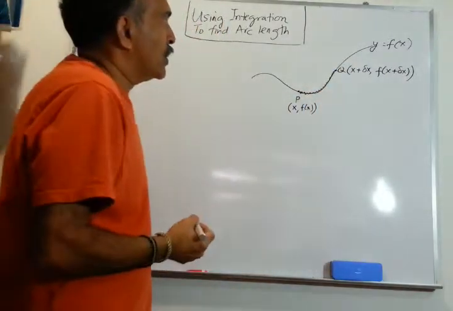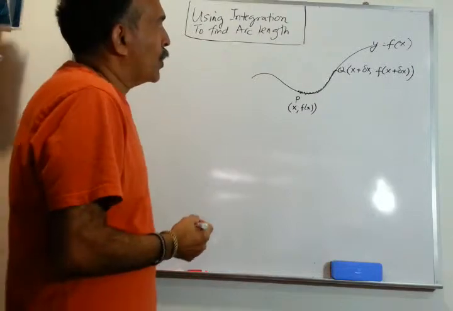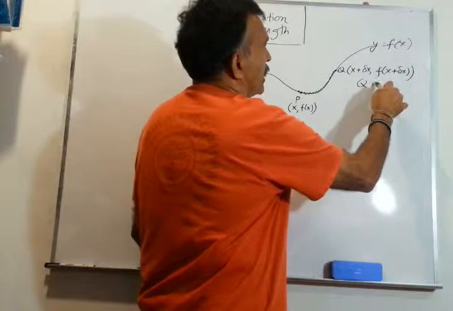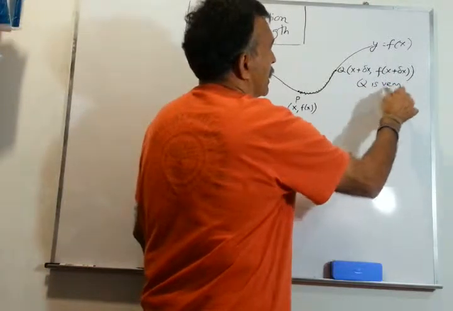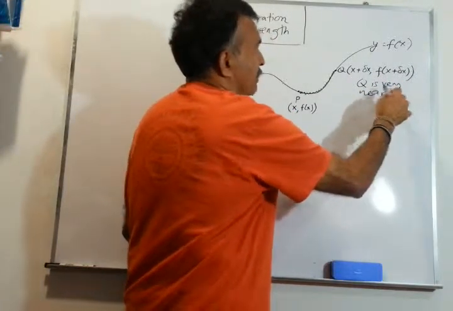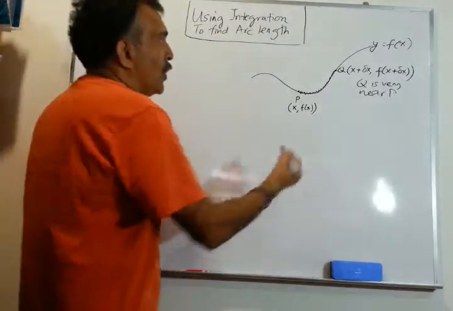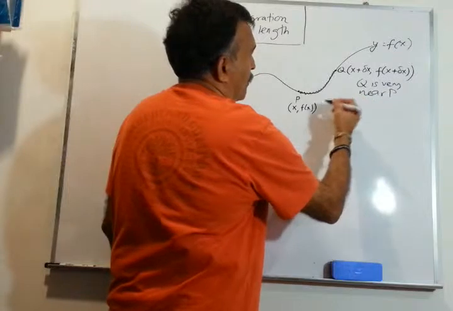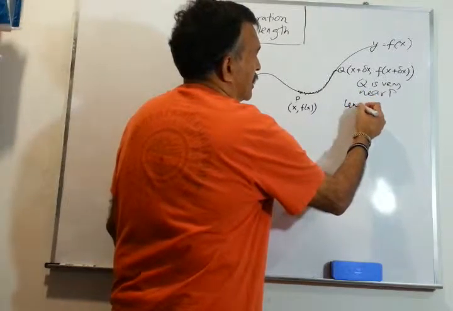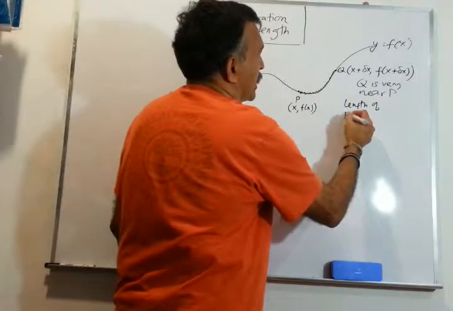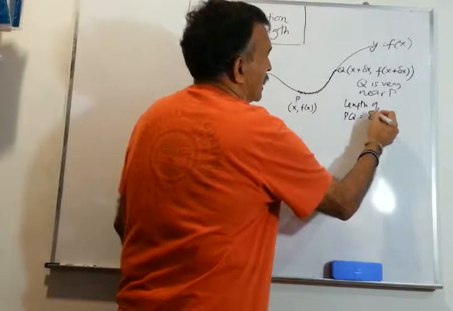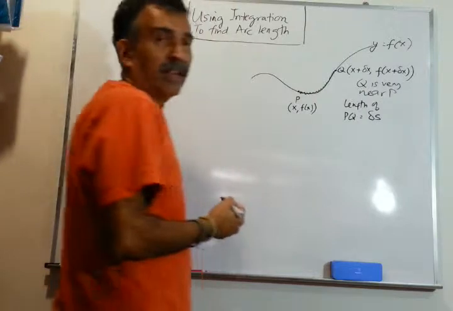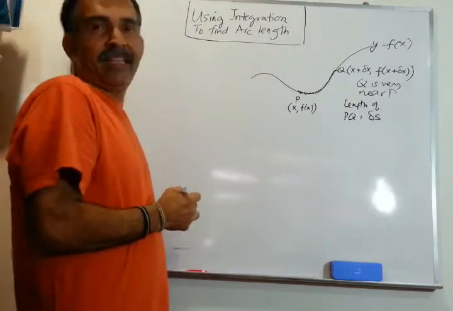Okay, Q is very near P. So let's call the length of PQ delta S. Okay, the length of PQ is delta S.